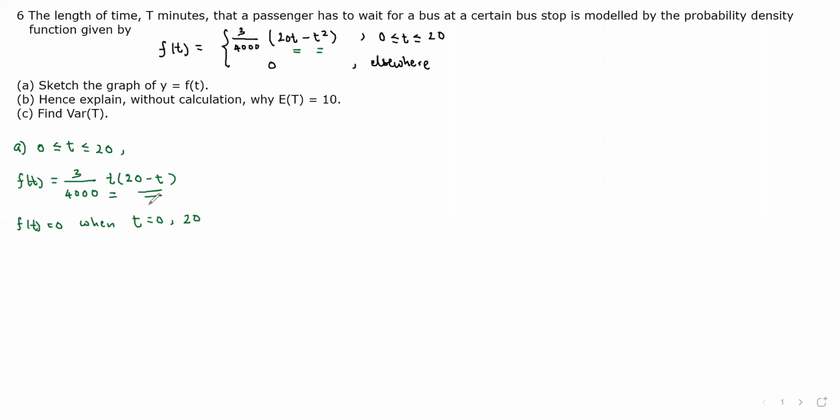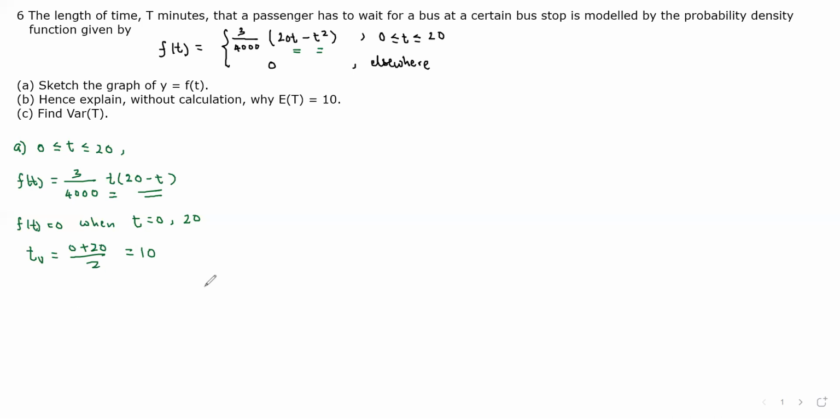Meaning that the vertex of the parabola is at 10. It must be the average of these two, so here 0 plus 20 divided by 2. The parabola has a vertex at t equals 10. This is also the axis of symmetry.